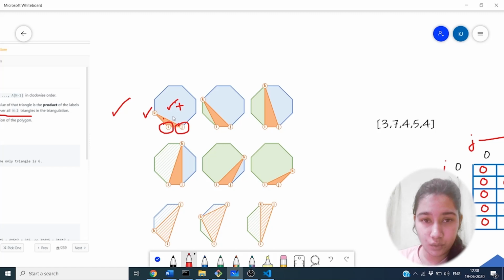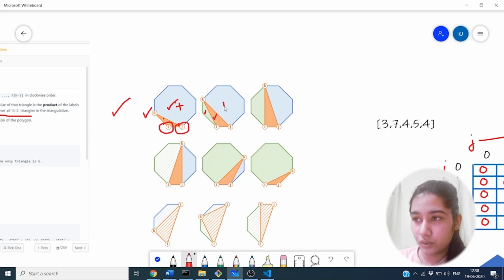Now we will store its value in a DP table such that we can compare it with the next condition and find which one of both is minimum. Now in the second condition, after we have incremented k's value by 1, its value becomes i plus 2. So it's forming 2 triangles: first this one, second this one.